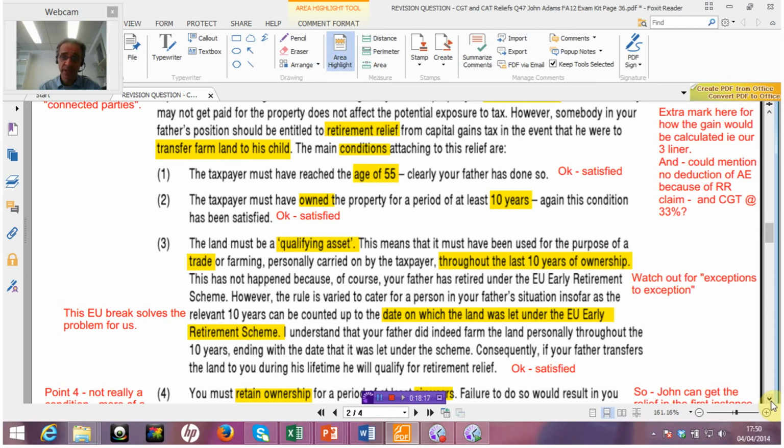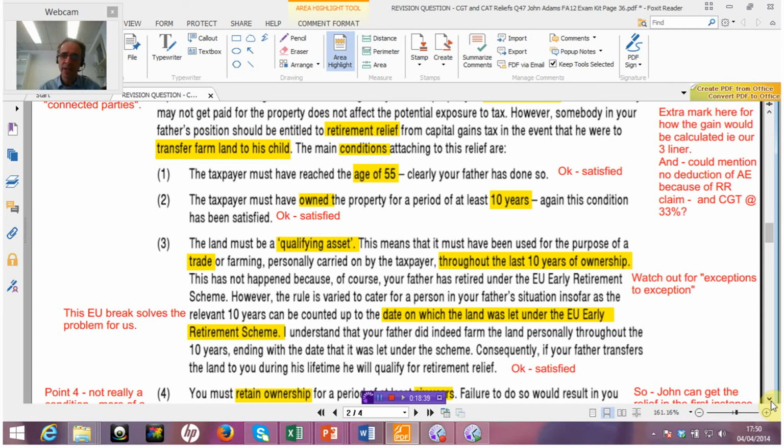So it seems that he satisfies that particular condition. And the only issue is that for this chap Michael, he needs to have been trading for the last 10 years. So someone who doesn't know their conditions perfectly could be a little bit stumped there.